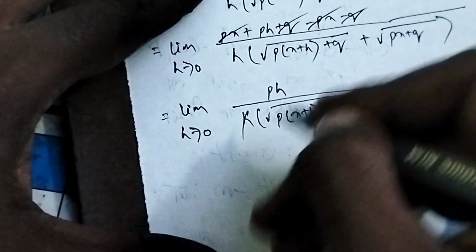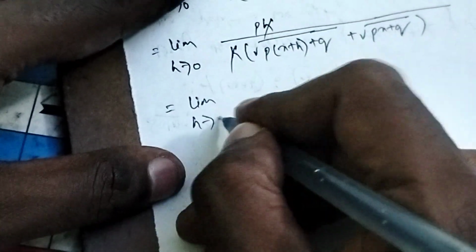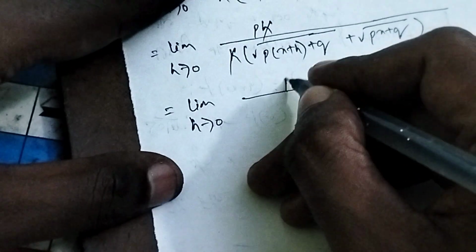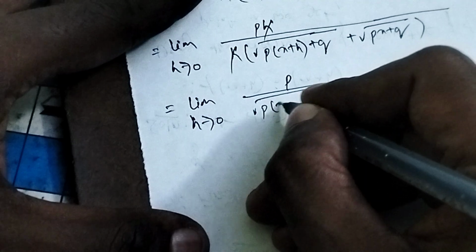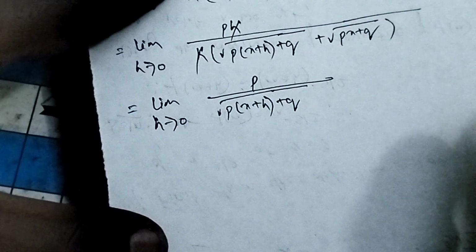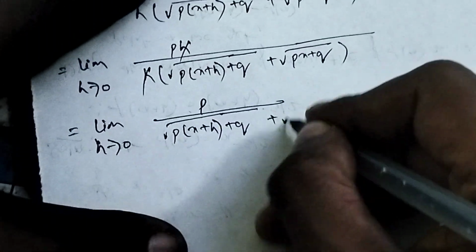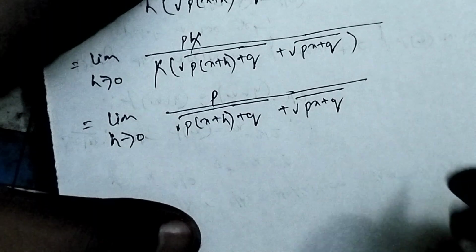So h will cancel each other, so it will be limit h tends to 0 p by under root p into x plus h plus q, okay, plus under root px plus q. Okay, so now what will you do?